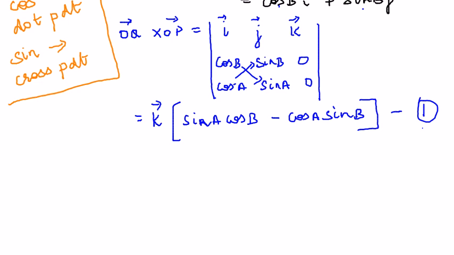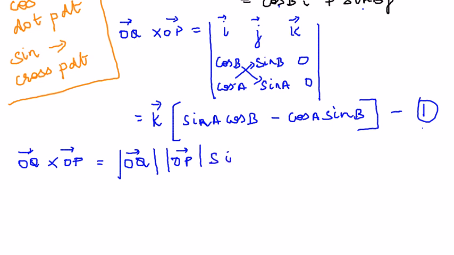And we also know from the general rule that the cross product of OQ and OP can also be written as mod OQ vector into mod OP vector into sine of A minus B. Okay. So this simply becomes, since these both are unit vectors, we can straight away write it as sine A minus B. Okay.